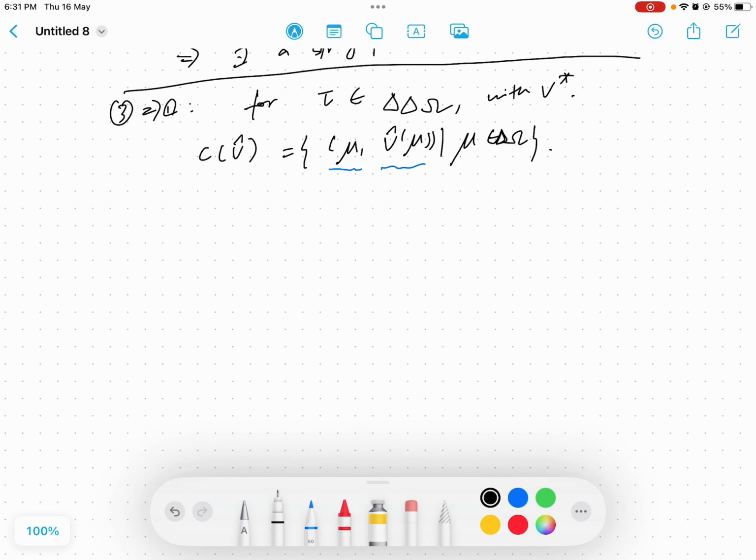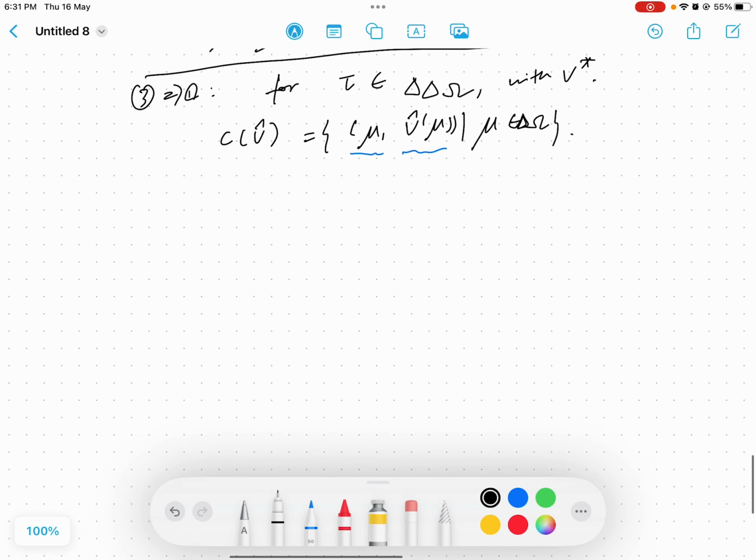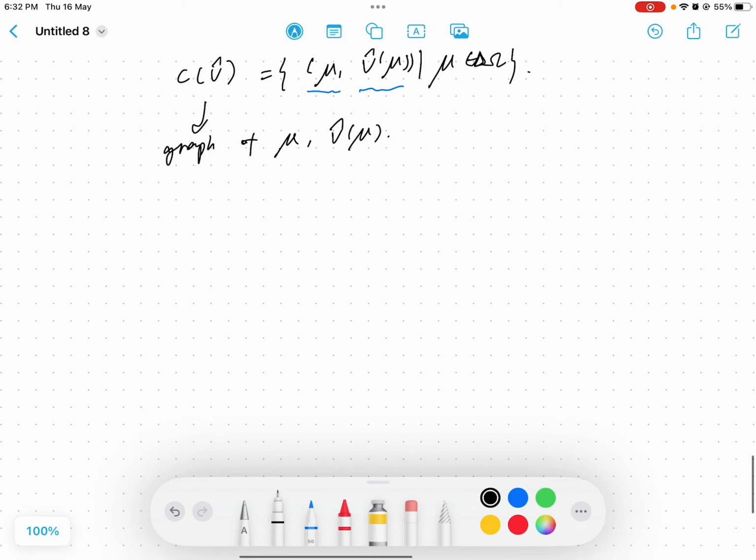So this is actually the graph or the plot for the mu and its value for the utility function. Okay, next, we have something very important.